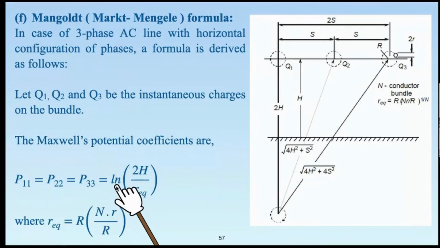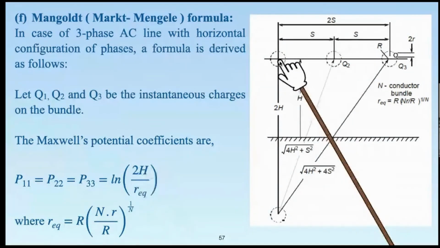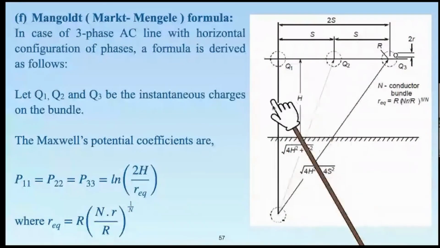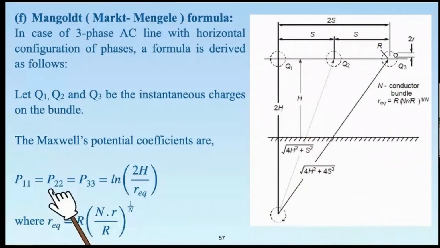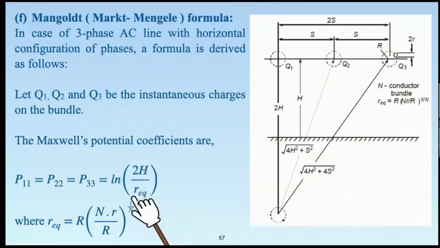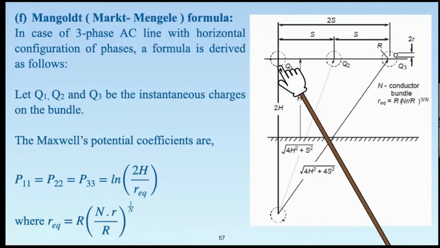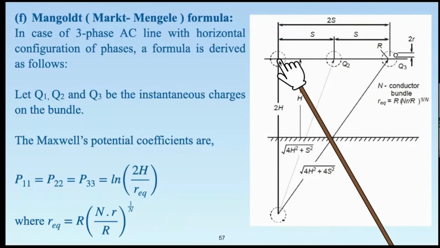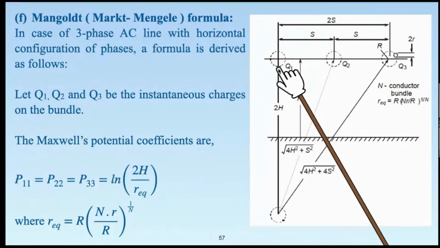It has the standard form of the natural log of the distance from its own image, which for Q1 is twice h, divided by the equivalent bundle radius R equivalent, that is the distance from the center of the R phase all the way up to the surface of the conductor itself.